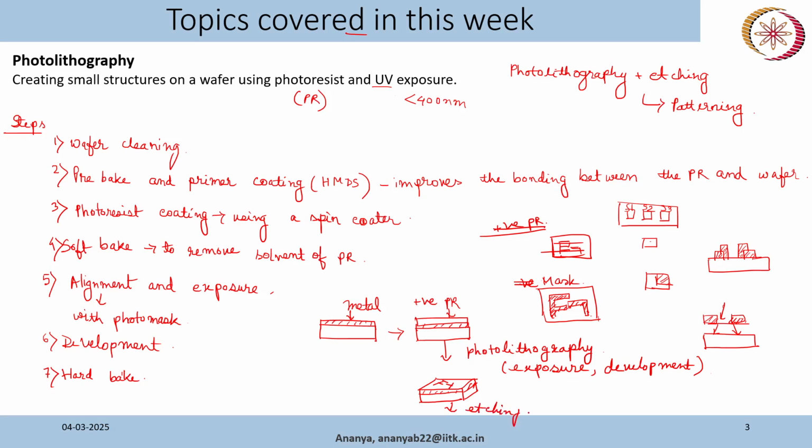So the metal which is exposed will get etched, because you will be using a particular chemical or material that etches away the metal part but not photoresist. So the metal portion below the photoresist will be secure, there will be no etching, and the rest of the metal will get etched out.